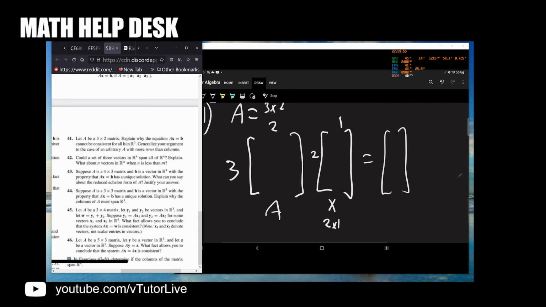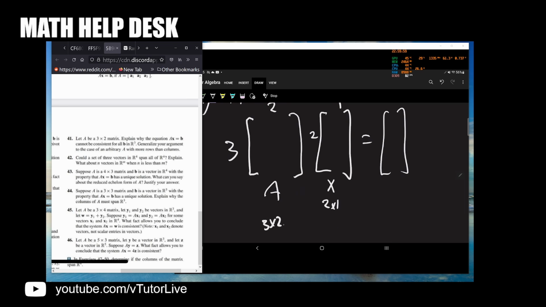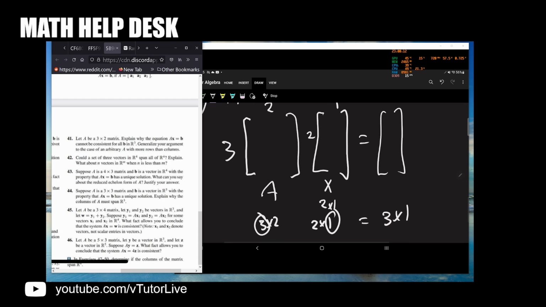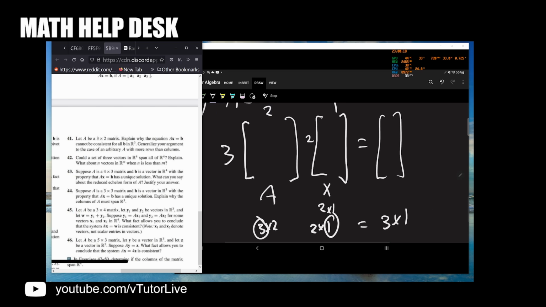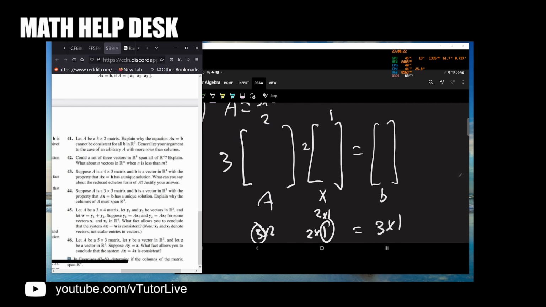If you have a 3x2 matrix multiplied by a 2x1 matrix, a shortcut to remember the result is basically just look at the first and the last thing. It's sort of like sandwiching them together, and then the 2 goes away, and you're just left with the outsides. It's a little mnemonic that is surprisingly helpful if you're as forgetful as me.